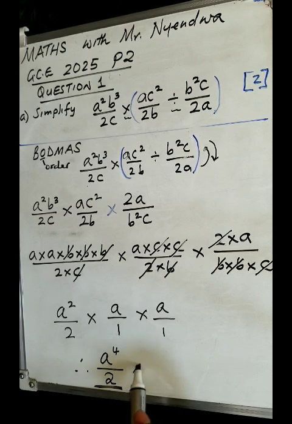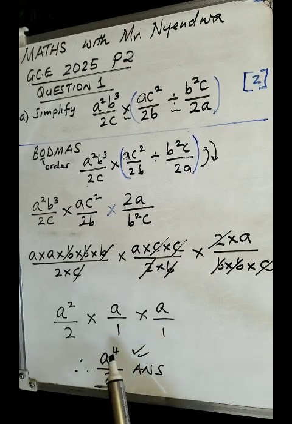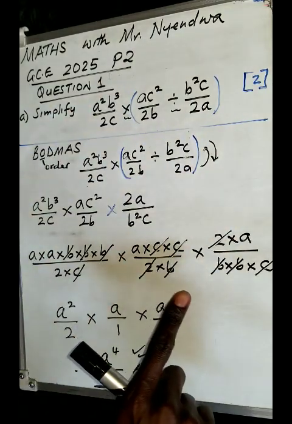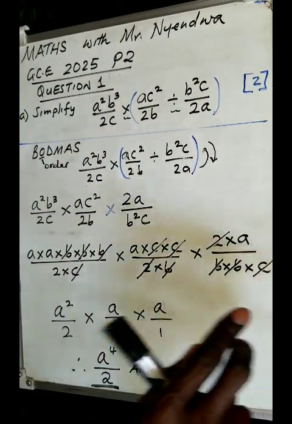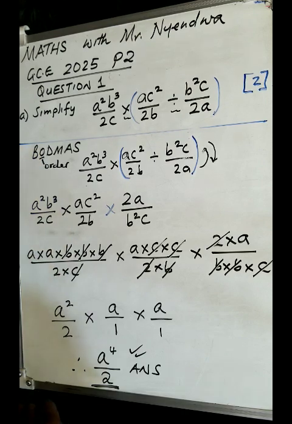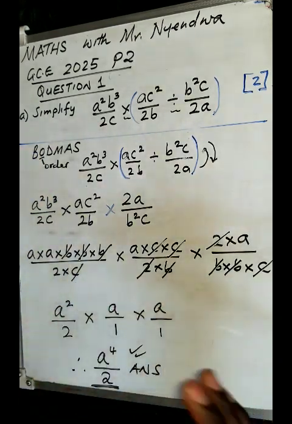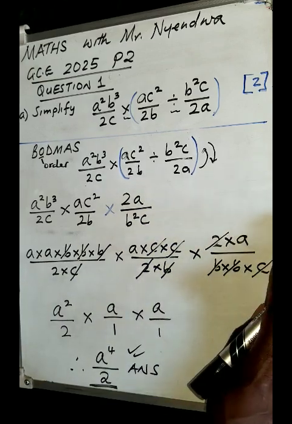This is the final answer they wanted you to come up with. What is important when you have such an algebraic expression is to remember to use BODMAS to help you with the order in which to carry out your mathematical operations.